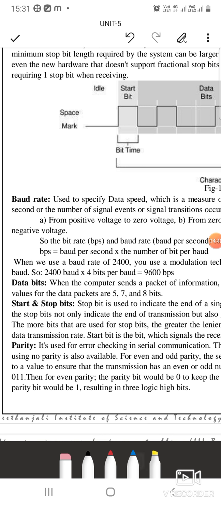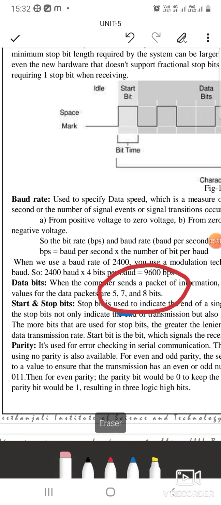You can have 5 bits, 7 bits, or 8 bits. You can have a 5-bit data packet, a 7-bit data packet, or an 8-bit data packet.